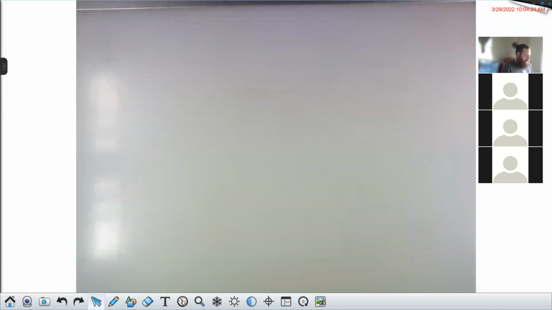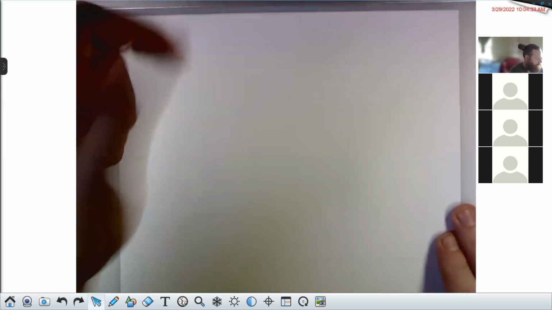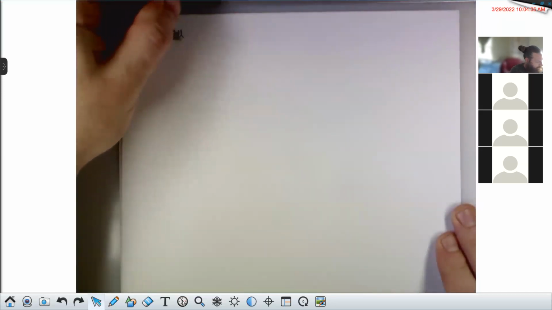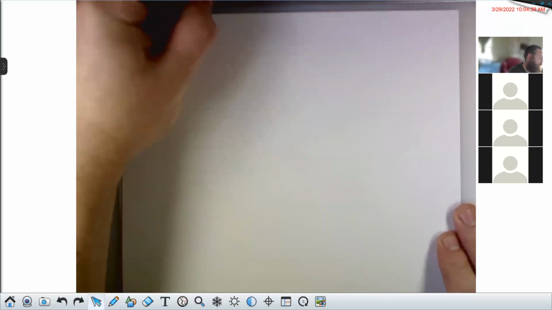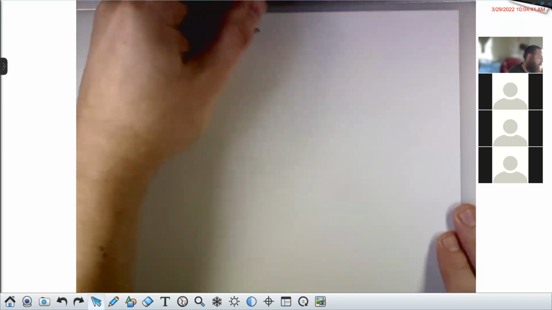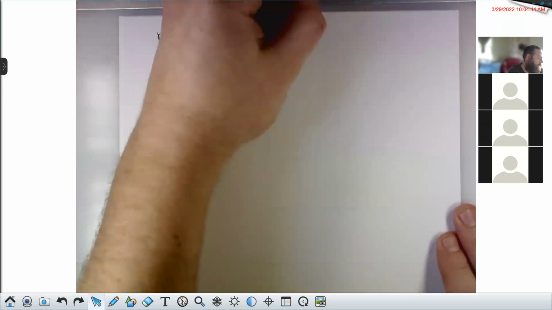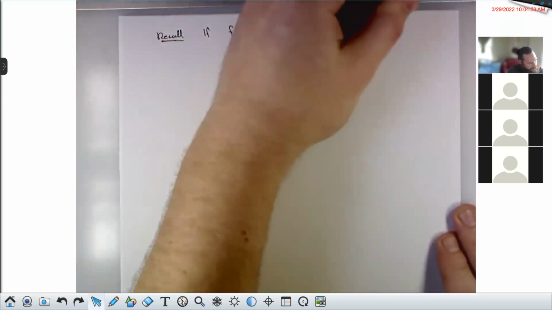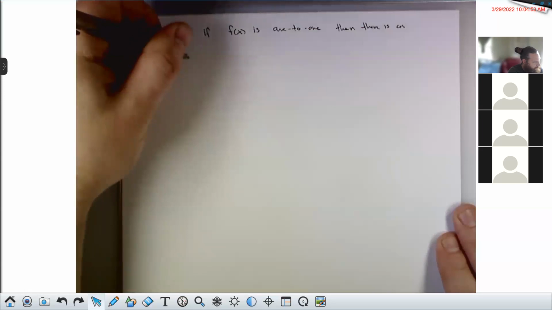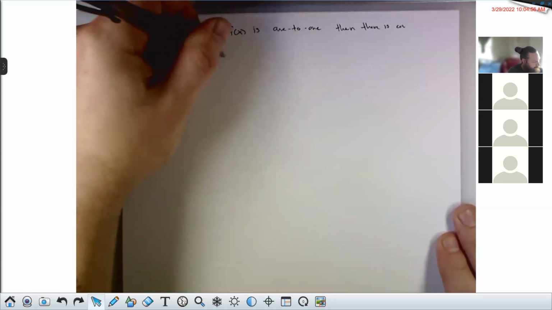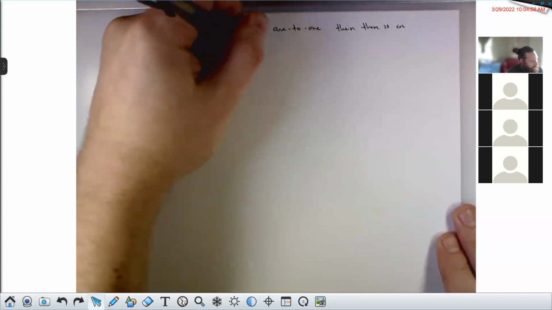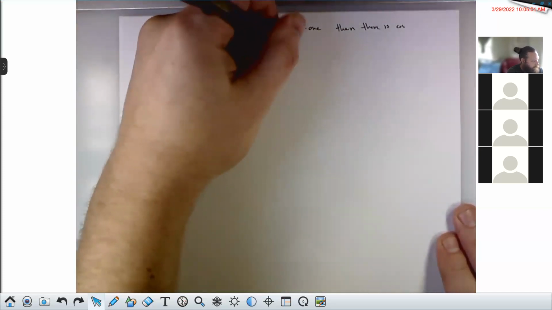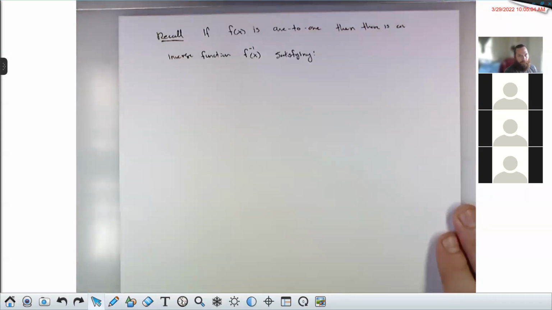So I want to quickly revisit the idea of an inverse function. If f of x is 1 to 1, then there is an inverse function, f inverse of x, satisfying a bunch of different things.